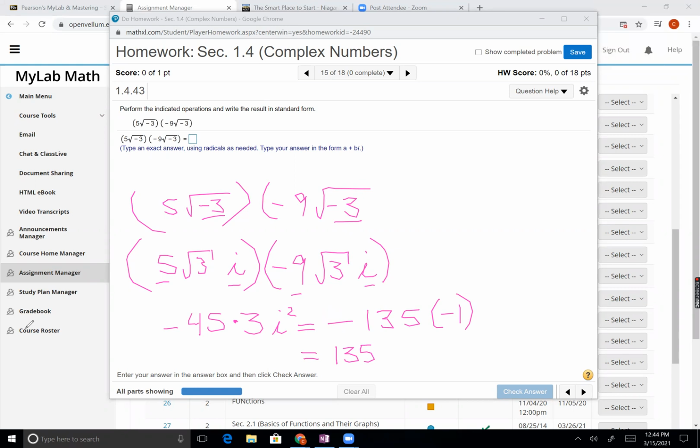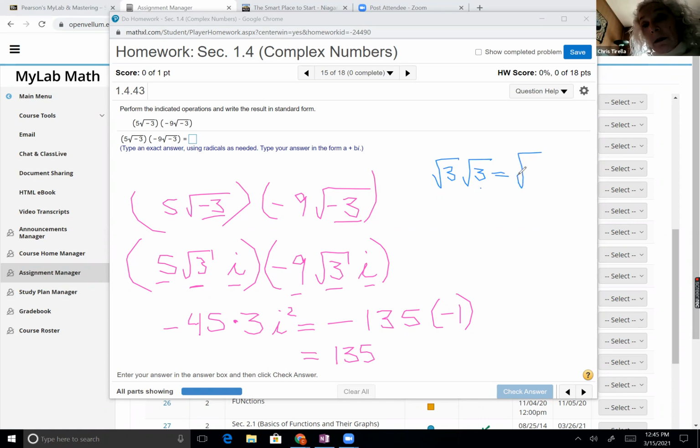So what happened to that square root 3? Well, over here, when I take the square root of 3 times the square root of 3, we could say when I multiply radicals, if they're the same index, I can multiply them, and I take the product of the radicands, and the square root of 9 is just 3.